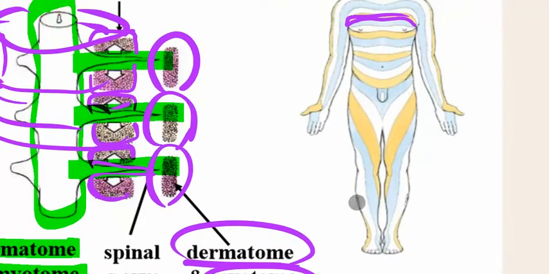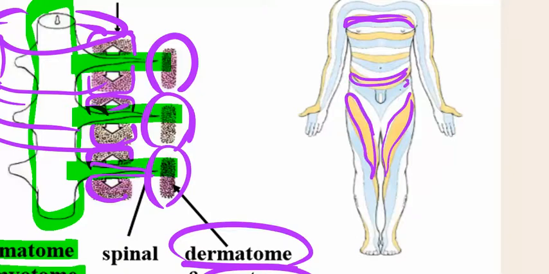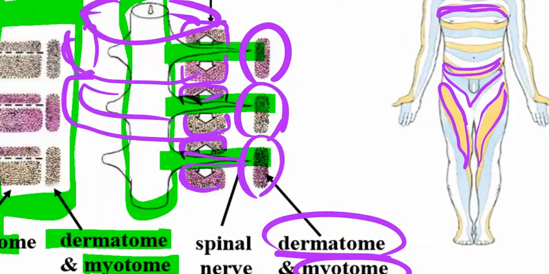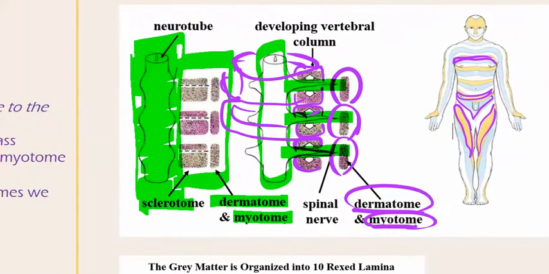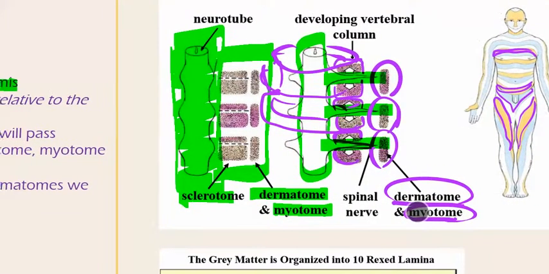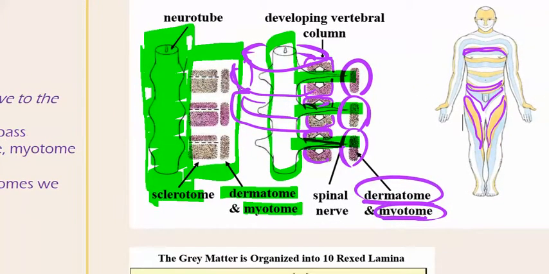That's how we're getting this sensory innervation distribution. You guys see that? So the distribution is due to the neural projections coming from the neural tube, moving into these areas. Yeah, exactly.